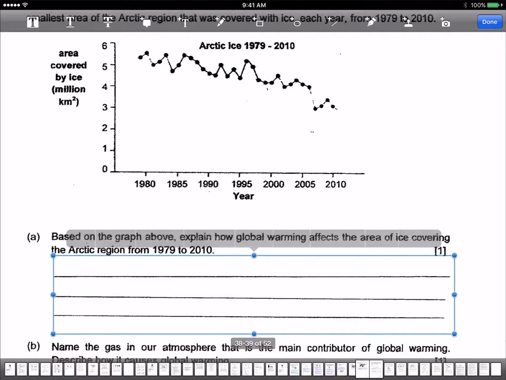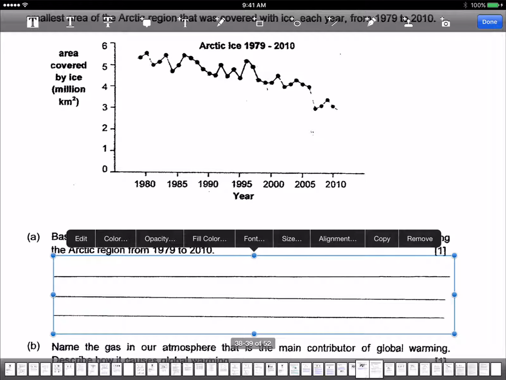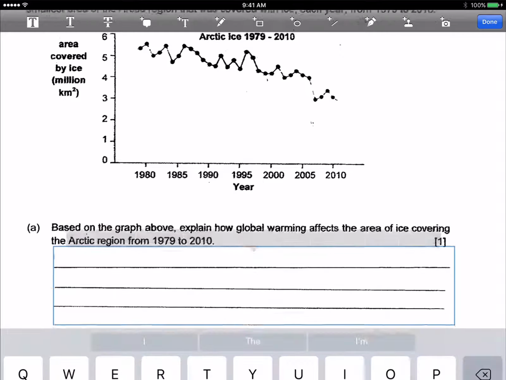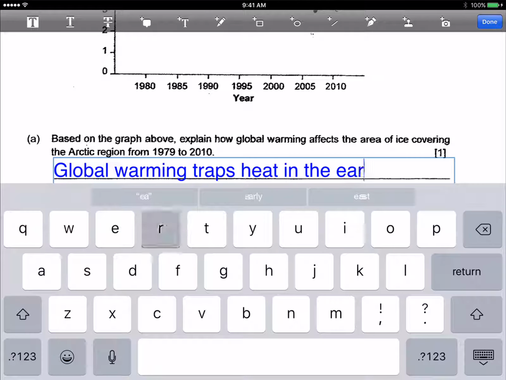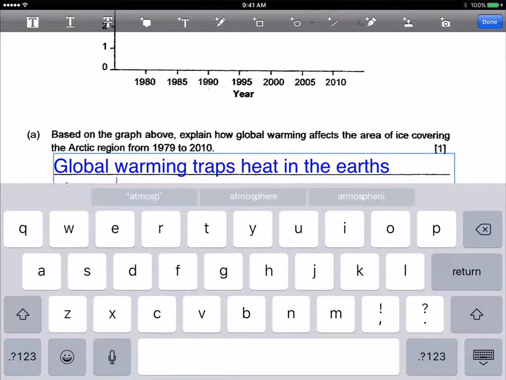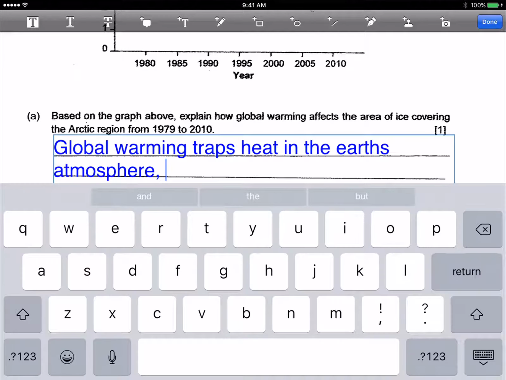So of course you start with the global warming. What does global warming do? It traps heat in the Earth's atmosphere, and then what happens to the temperature?